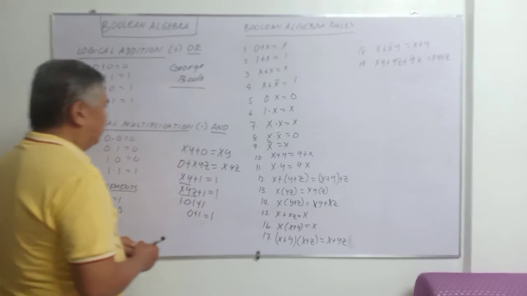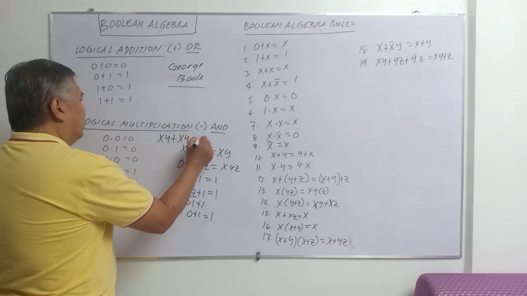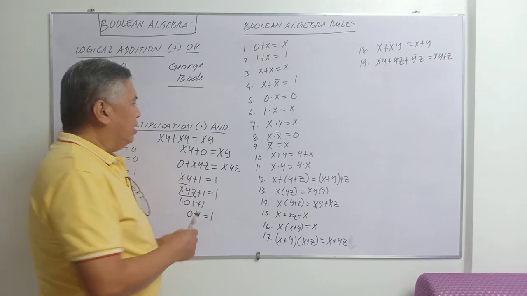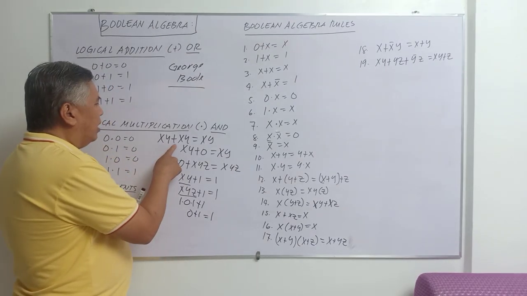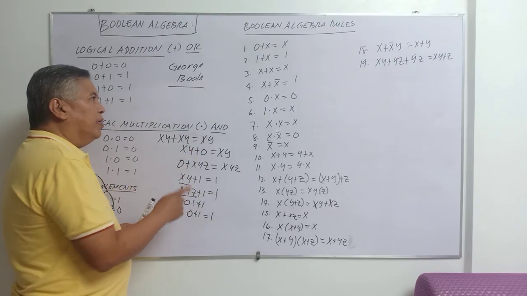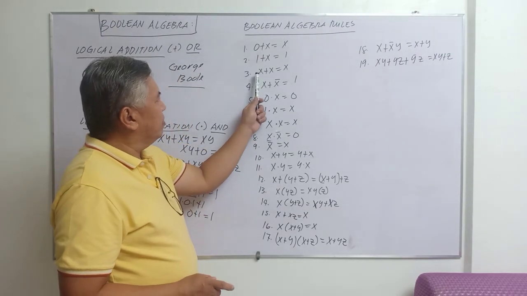For example, xy plus xy, the answer is xy. So that is rule number 3.